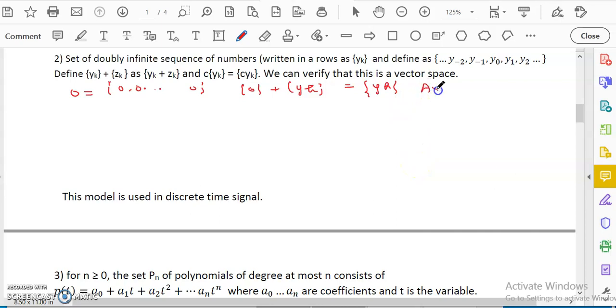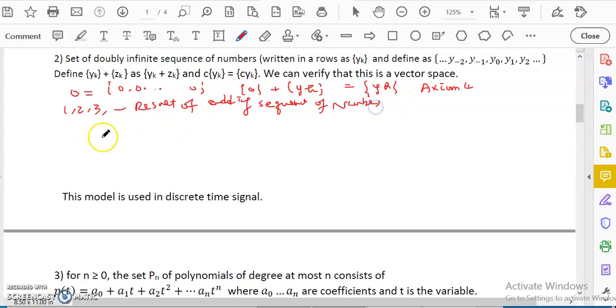Axioms 1, 2, 3 are just the result of adding the sequences. Because numbers are commutative and associative, when you add them, the sequences of numbers inside add the same way. So it's very easily proved.